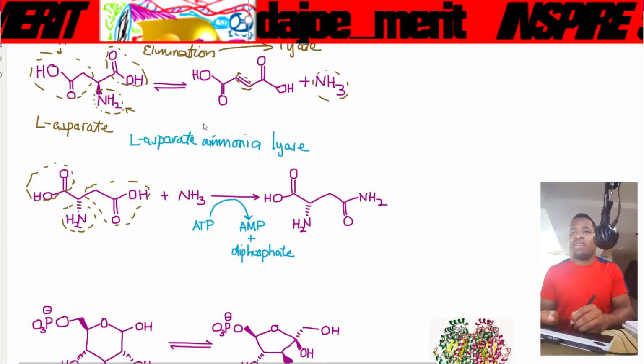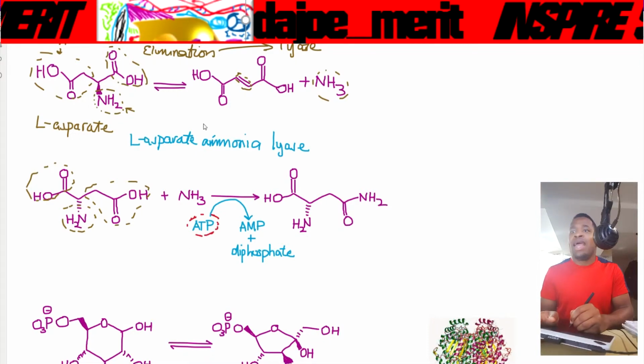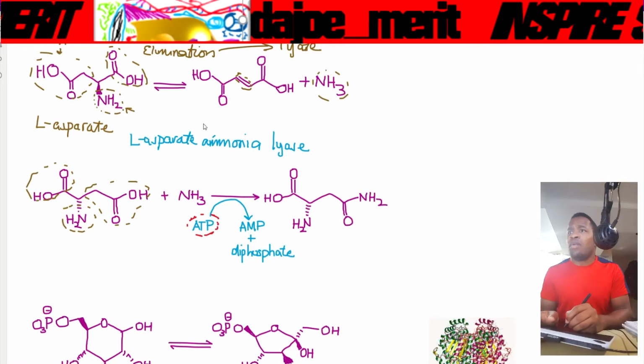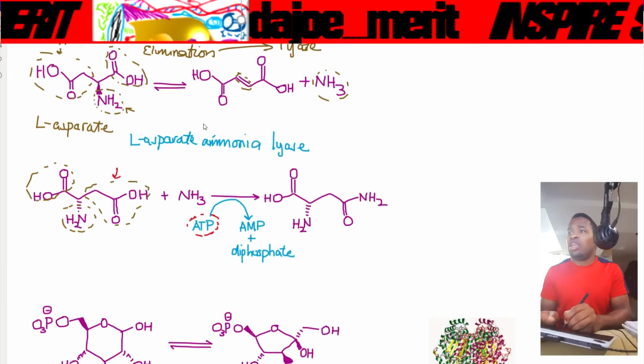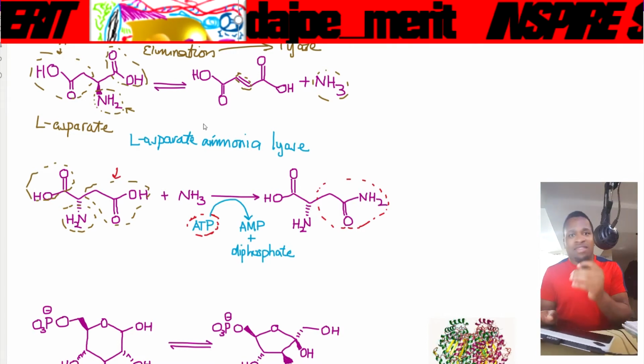ammonia present, and in the presence, take note of ATP, which is hydrolyzed to form AMP and diphosphate. Then you're able to produce another type of amino acid right here, where you notice that in this region here is changed into a type of an amide related R group in the carboxylic and the amino acid group right there.